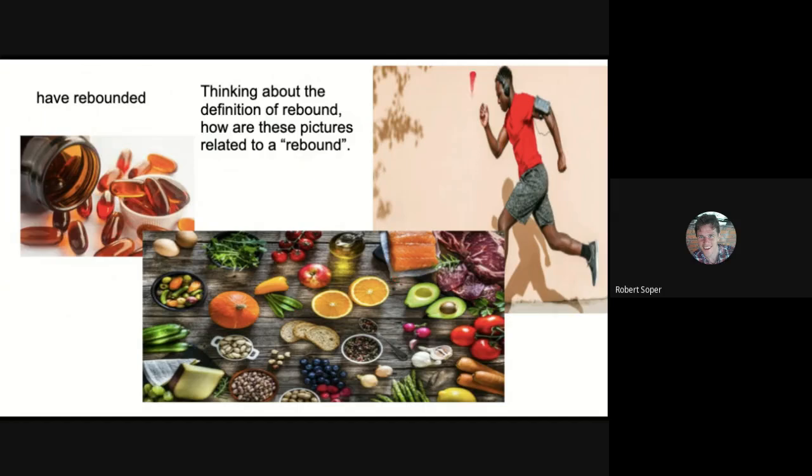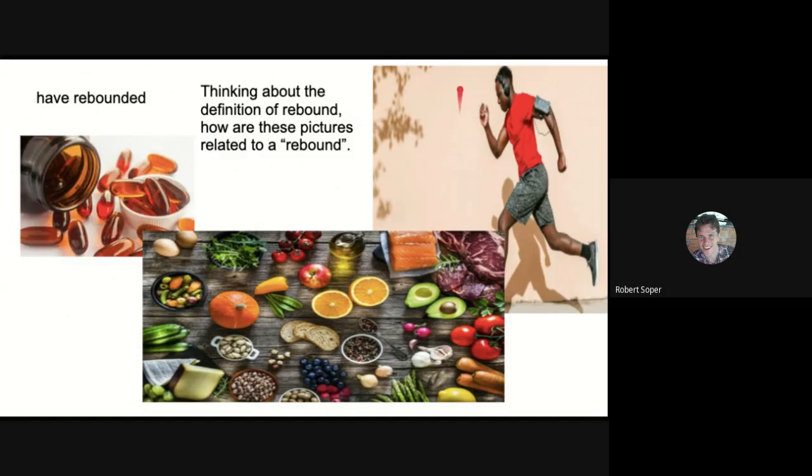And here we've got a picture of a man who is running. And what he's doing here is he's staying fit. And again, staying fit is a good way of getting over an illness. So it shows that you're bouncing back and recovering from it.